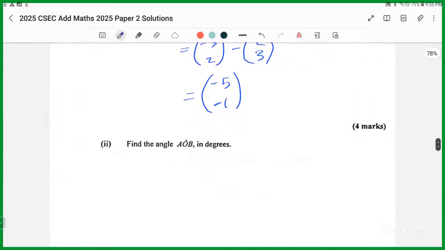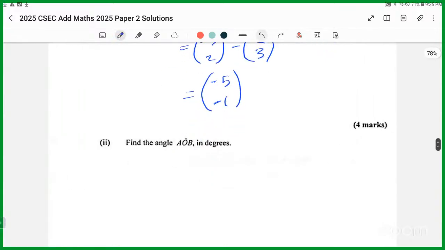The next part says find the angle AOB. So you have O as the point in the middle. This is O, this is A, this is B. So using OA and OB, two divergent vectors, find the angle theta.